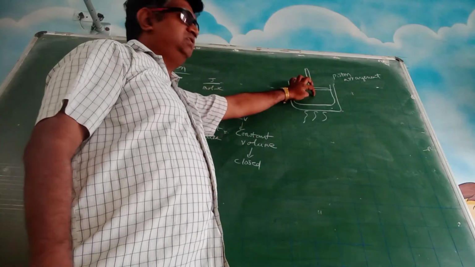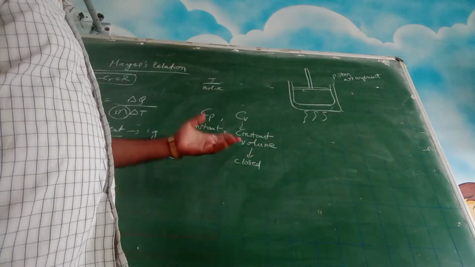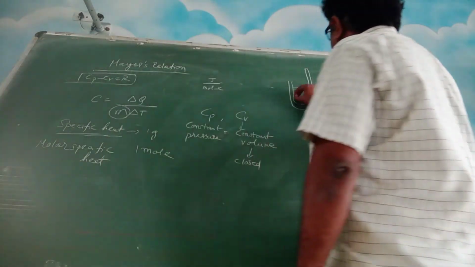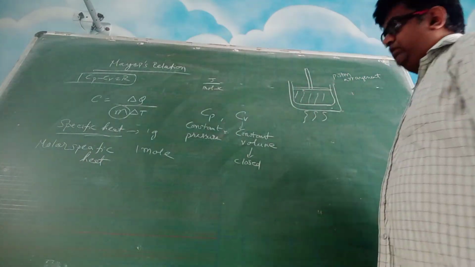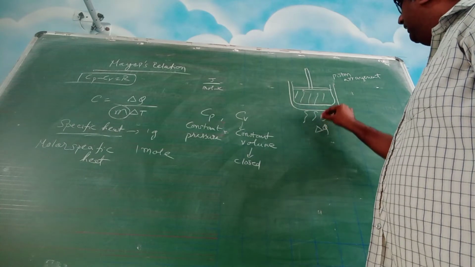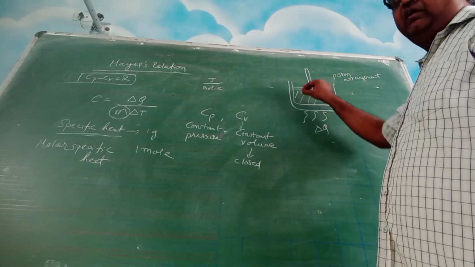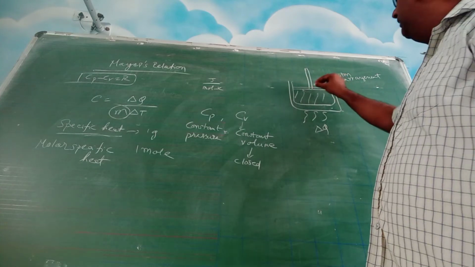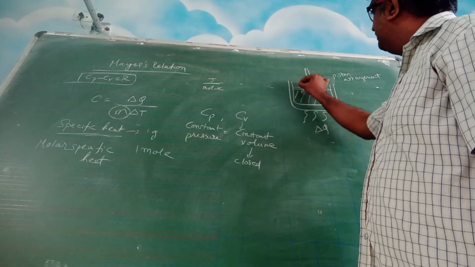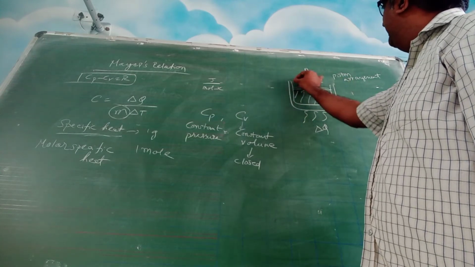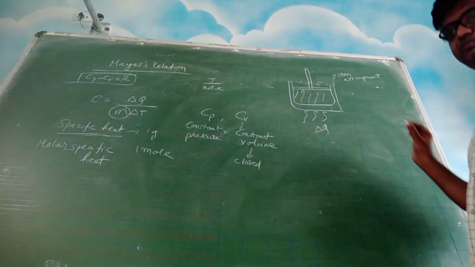Inside the cooker there is some content. You might have kept water, you might have put rice or whatever. Initially, the heat that you are supplying heats up the content inside, and after that slowly it will start pushing this piston, this lid, in the upward direction. This is what happens as per our common sense.